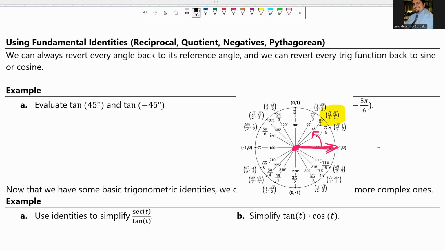Got it? So tangent of 45 degrees is equal to root 2 over 2 on top divided by root 2 over 2 on the bottom. Got it?